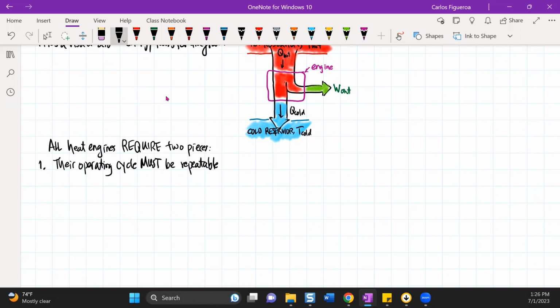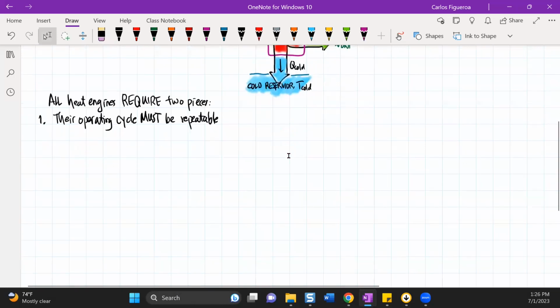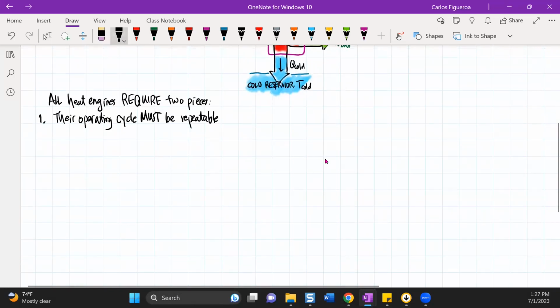Think about your car. Those pistons have to move up and down again and again and again. So we say that we have a cyclic process. So what does it mean by a cyclic process?